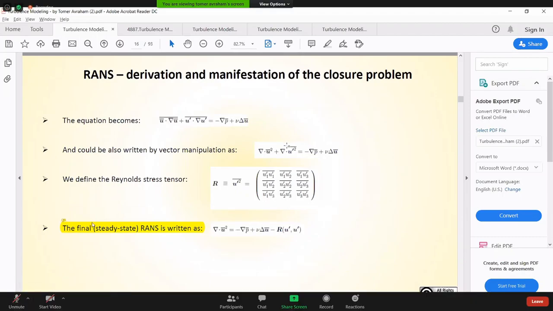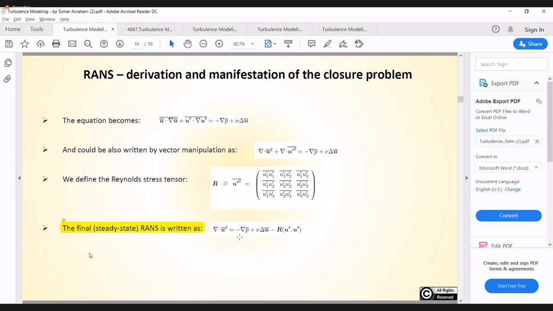But when we build the final steady state RANS equations, let's say we use the temporal average, it becomes a dissipative object. So that's fishy in and of itself. I mean, the equations are dissipative.